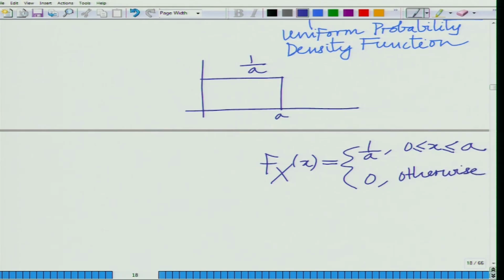And you can see this satisfies all the properties of the probability density function, because it is non-negative, and also the area under the probability density function is 1. Now, the entropy of a source whose output has the uniform PDF in 0 to a, the source output is characterized by a uniform probability density function.